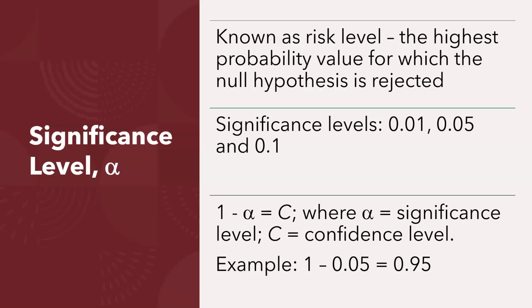Significance levels are normally fixed at or below 5%. A significance value of 0.05 means that the level of confidence is 95%. In other words, there is a 5% risk of concluding that a difference exists when there is none, making an erroneous conclusion.